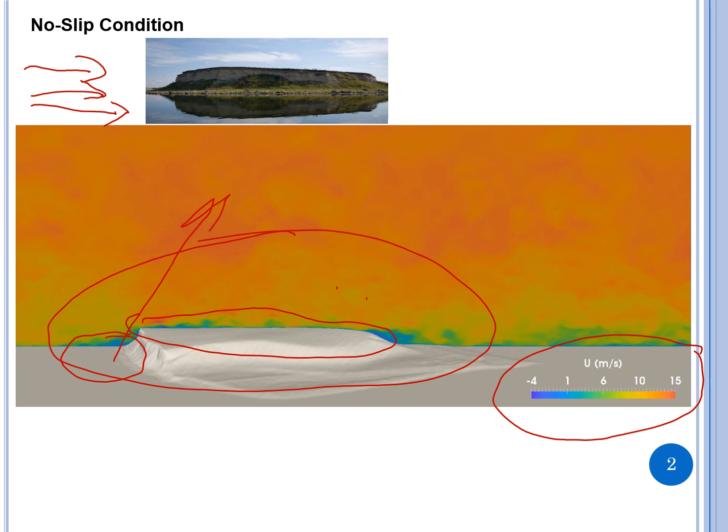The interesting thing here is in this region, where you see blue, which shows about -4 meters per second. This -4 meters per second indicates that the air strikes the surface and then bounces back. That's why it is showing as -4, because velocity, as you all know, is a vector quantity, so the negative sign indicates the opposite direction.